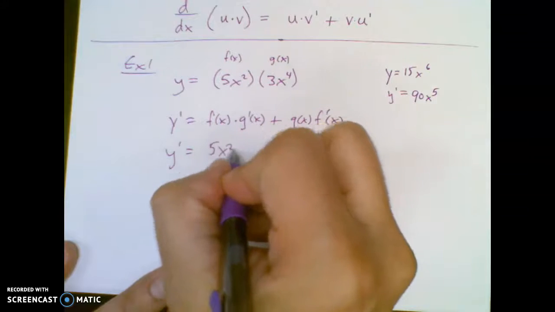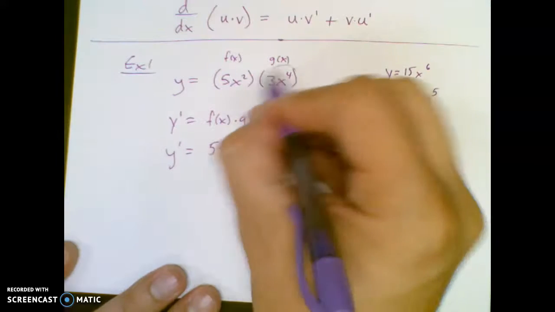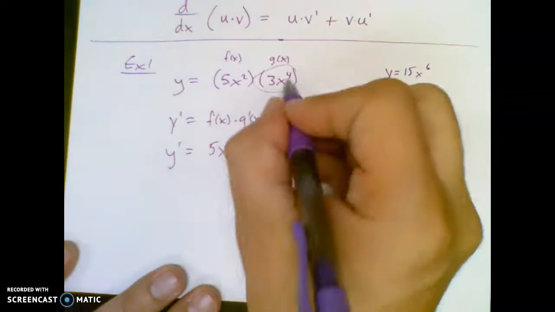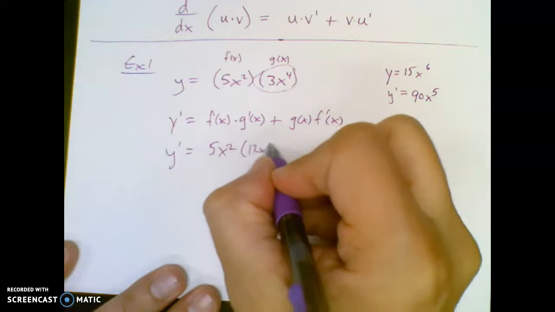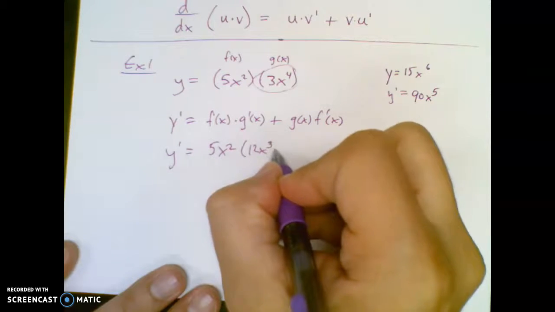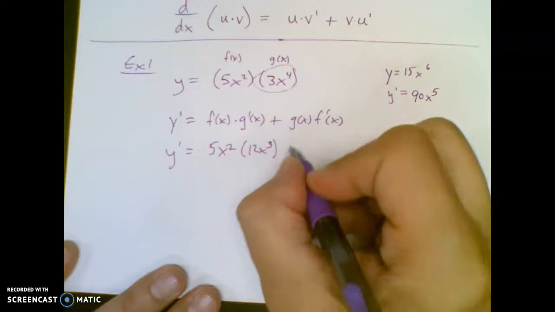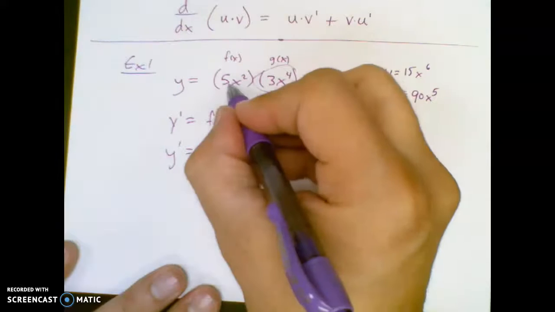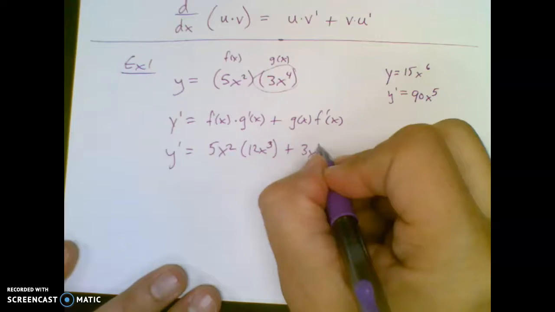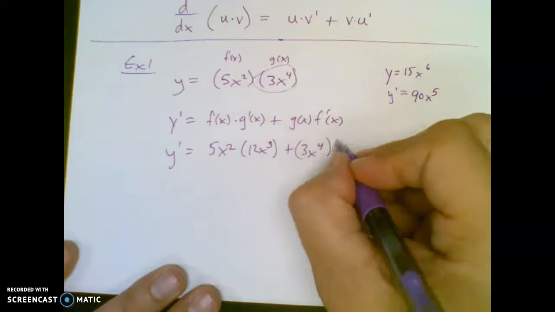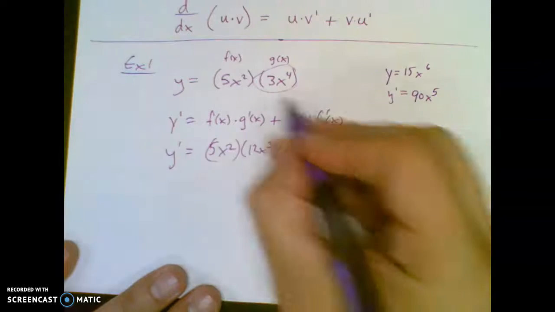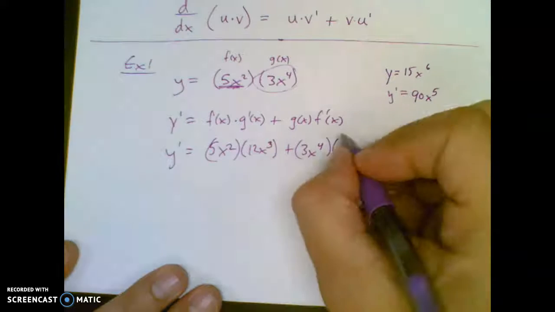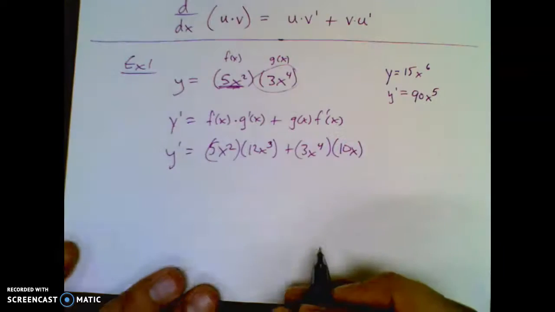So 5x squared. And then what's the derivative of just this part? That would be 12x to the 3rd, right? And then here I'm going to write g of x as it was. That's 3x to the 4th times f prime of x. So I'm just going to take the derivative of that, which is 10x.